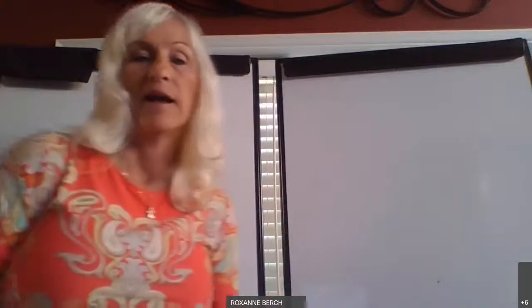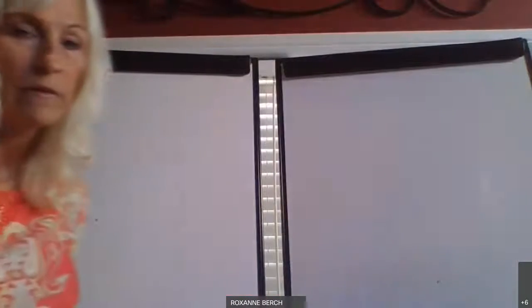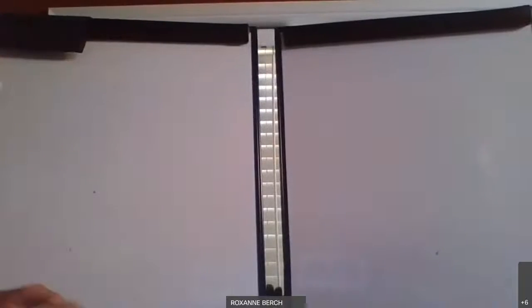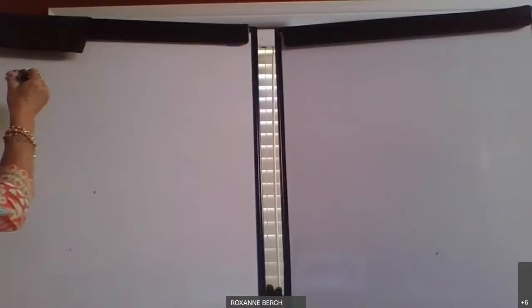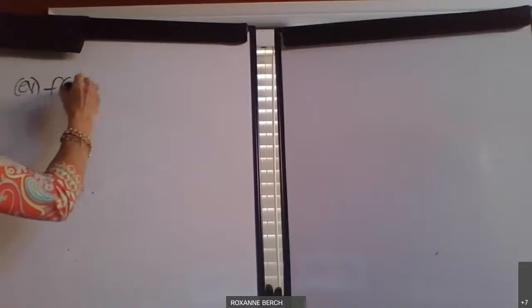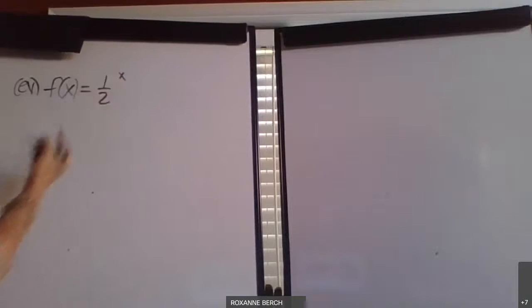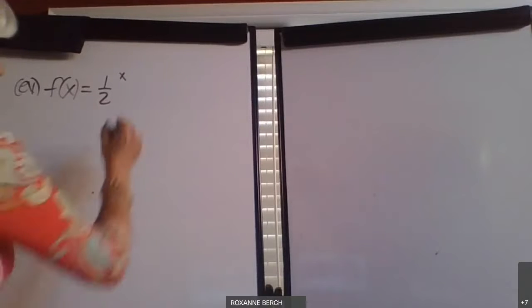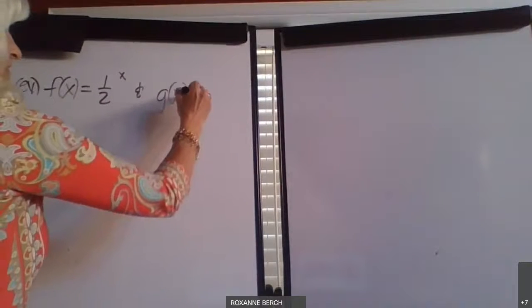All right, so what I want to do is one more parent graph with exponential decay. So that is a parent for exponential decay, and they're giving us g of x, which is the inverse.